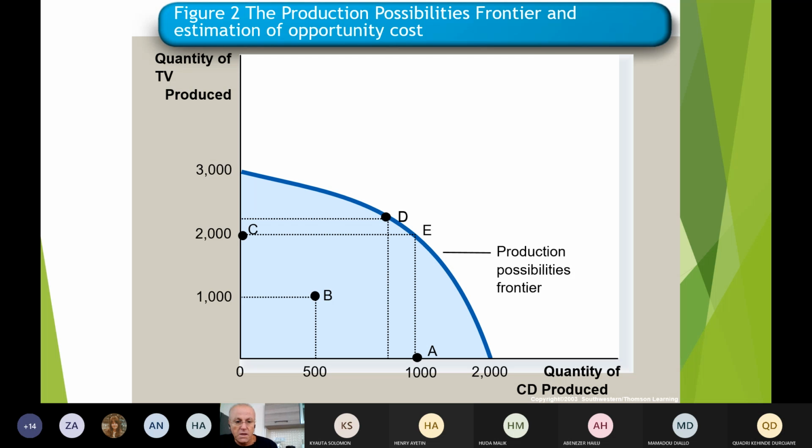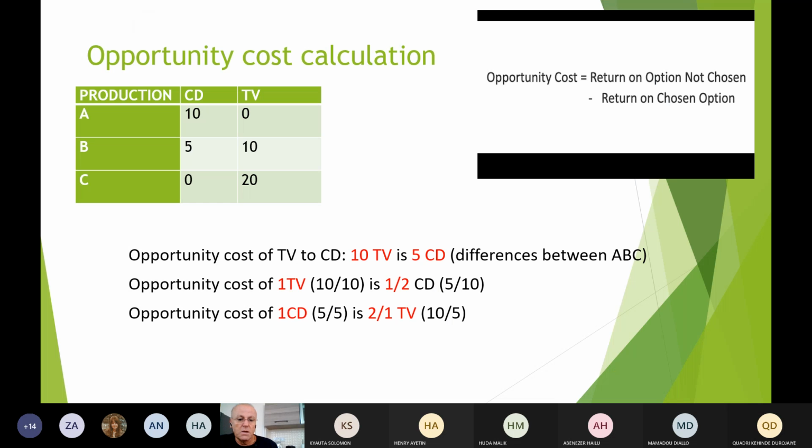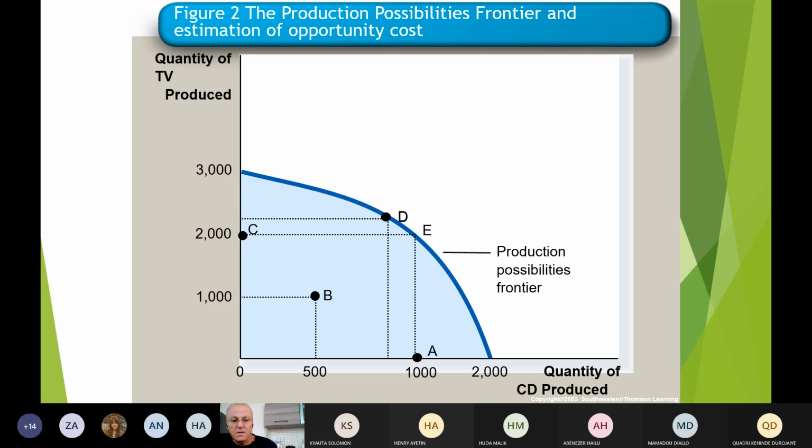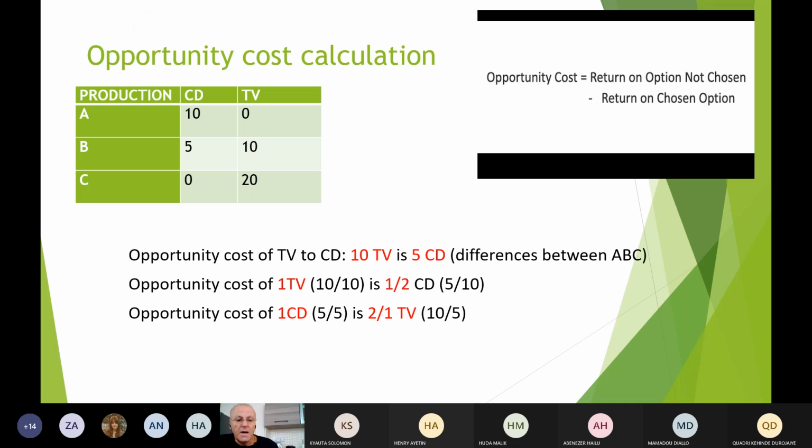And point D is another combination illustrated here. Points D and E give a similar production possibility frontier but a different combination of TV and CD, but point B is below this curve, so it is lower capacity production, and it should be enlarged and increased to the production possibility frontier, which is illustrated.